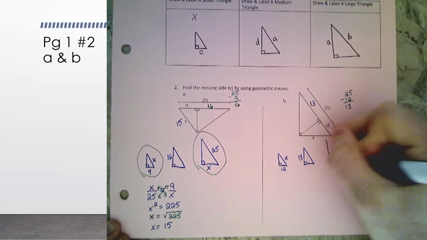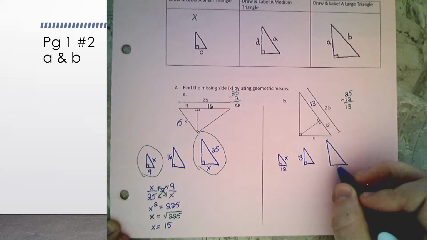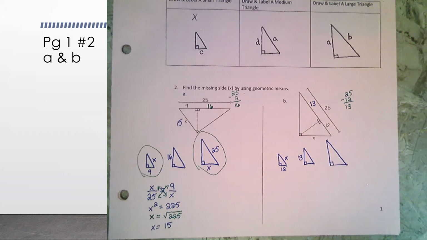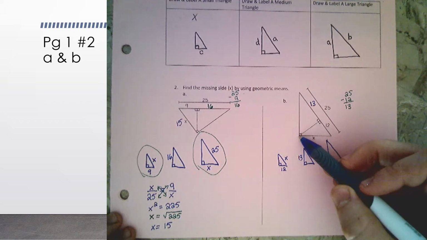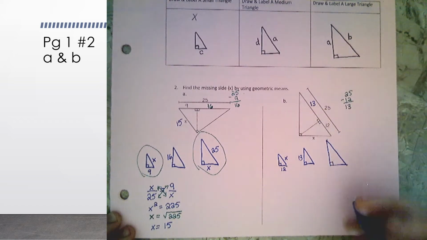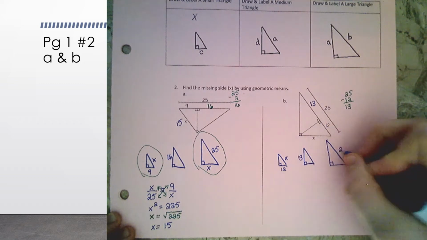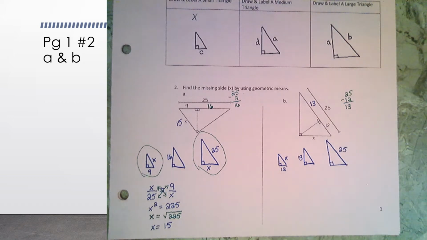Now with the big triangle, I'll draw that now. With the big triangle, I know what the hypotenuse is because if I went directly across, it's the full side, so directly across from the right angle. So this side would be 25.